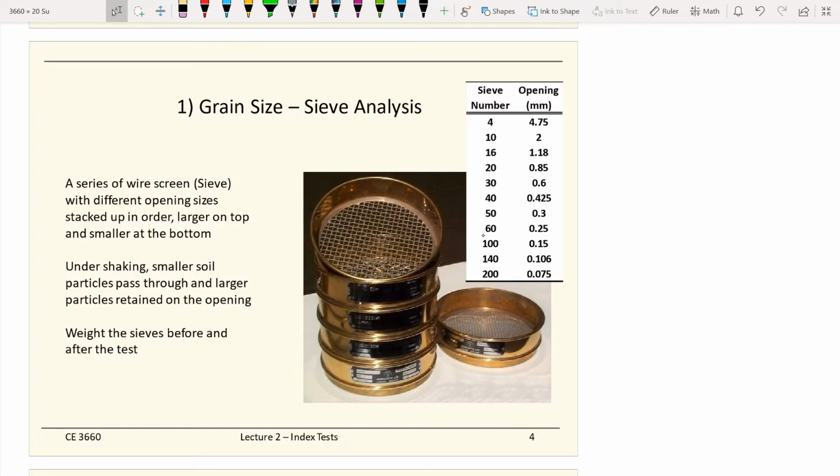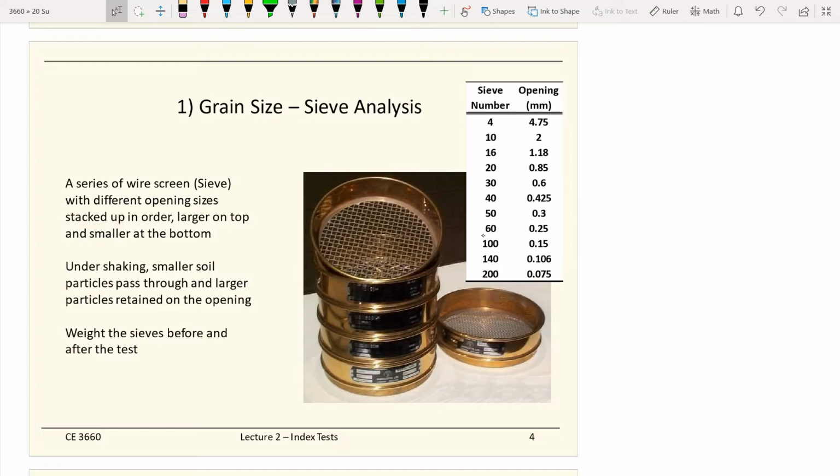You stack up the sieves, put your soil at the top of the top sieve, and then shake it. With the shaking, soil particles of different sizes will pass through the sieves if they are small enough. At the end of the day, we can calculate the percentage by weight of how much soil is retained on each sieve.